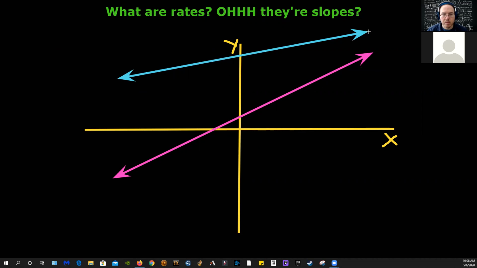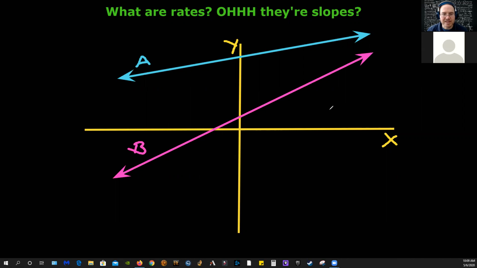So here's the question. If you were able to see them, and this was line A, and this was line B, and we had to ask which one has the greater slope.